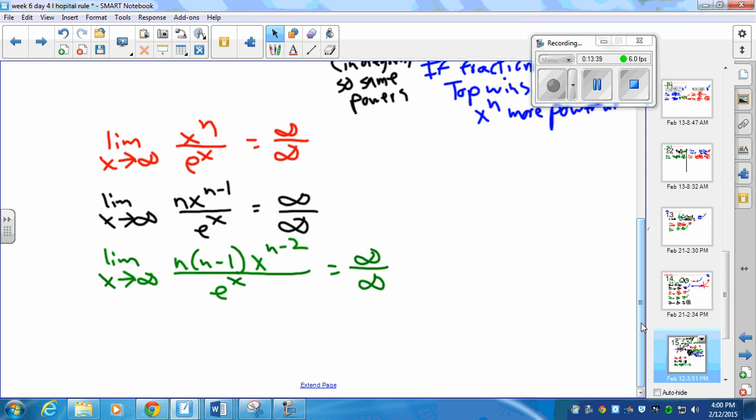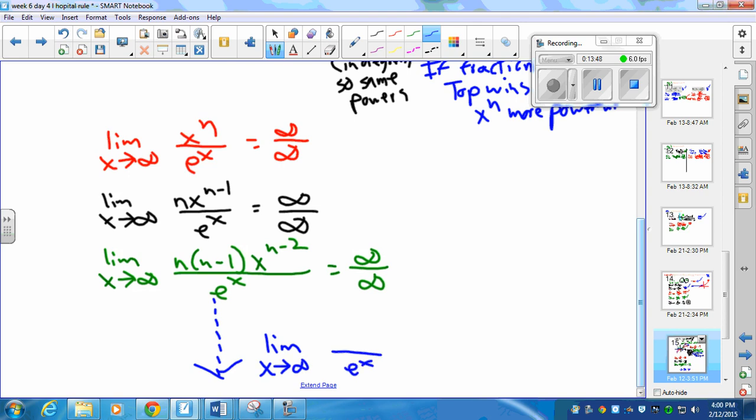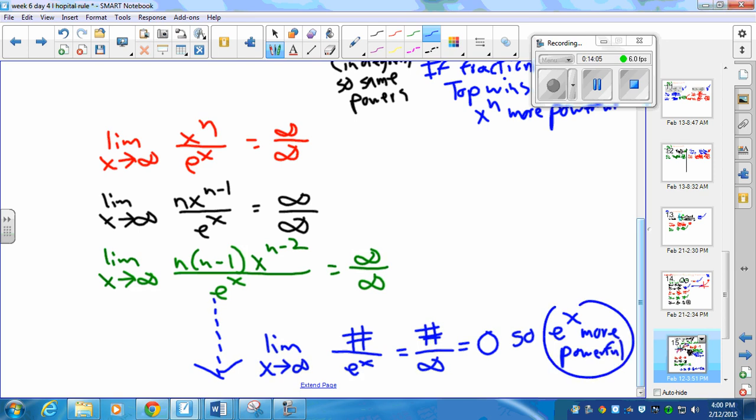But can you do this all the way down to where you get to a point where it's going to be limit x goes to infinity of e to the x, and there's going to be a number on top. And that would be a number divided by infinity, which goes to 0. So e to the x is more powerful. Why I know it's going to go down to a number, just look at a sequence like this.